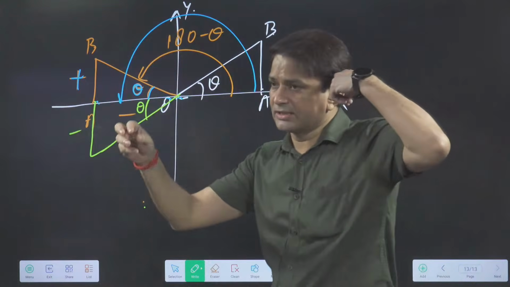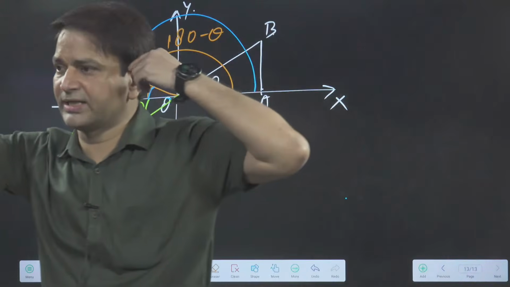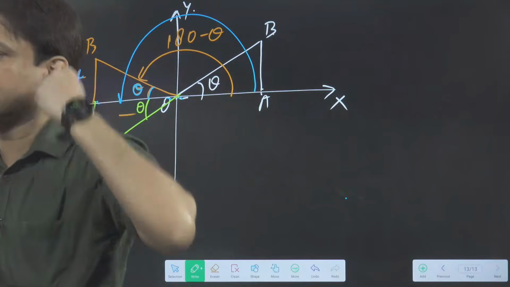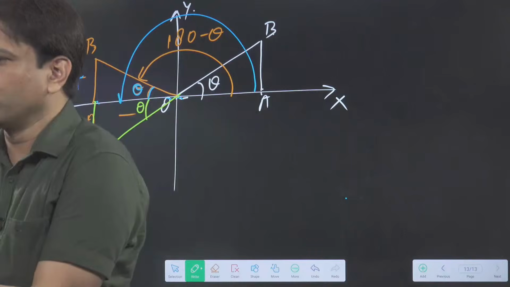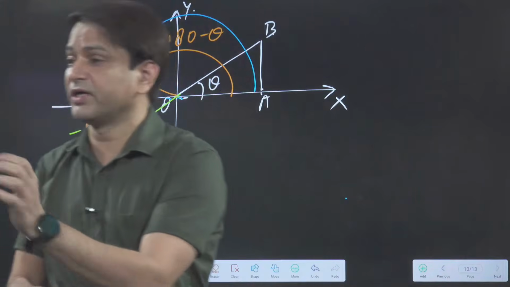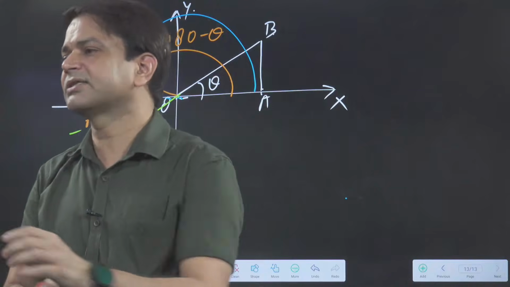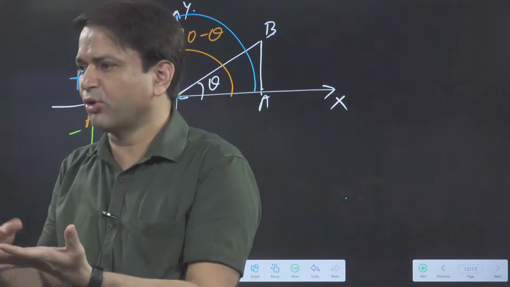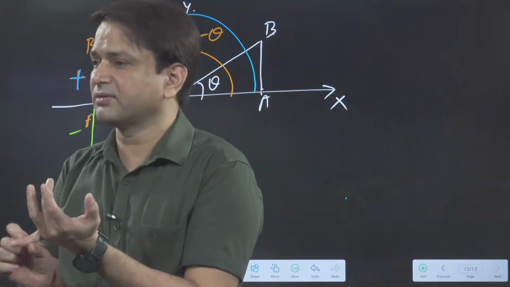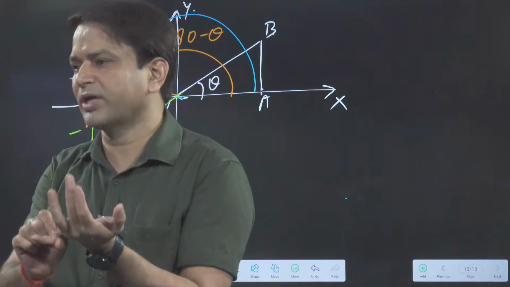Once theta is small, that concept, again, whatever the questions I discussed, just go through them again. Next class, if you have any doubt in that type of question, because you just have to know how to use that approximation. Later, whenever it is required, again we will discuss the concept. So theta is small means we can take the approximation sine theta is equal to tan theta, or we can use it as theta.